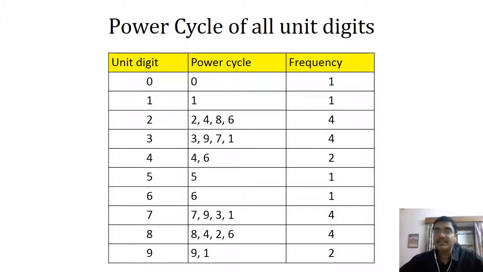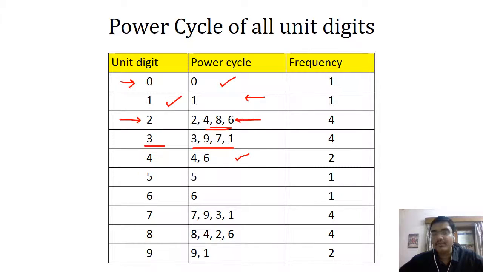Now these are the power cycles of all the unit digits. If you have unit digit 0, you'll always get 0 as the last digit. Similarly, if you have a unit digit 1, you'll always get a unit digit of 1. If you have a unit digit of 2, then you'll get 2, 4, 8 and 6 as we just saw. If you have 3, then you'll get 3, 9, 7, 1.